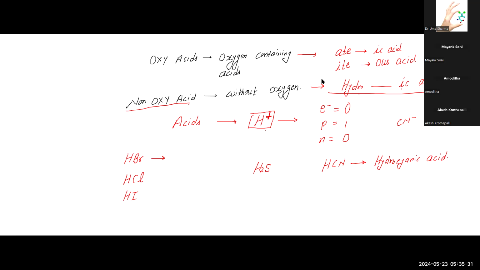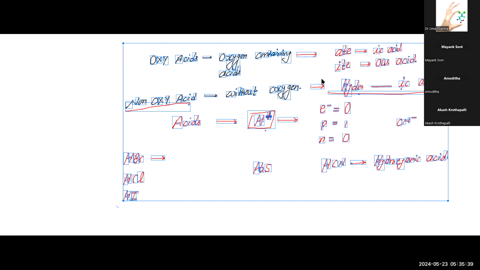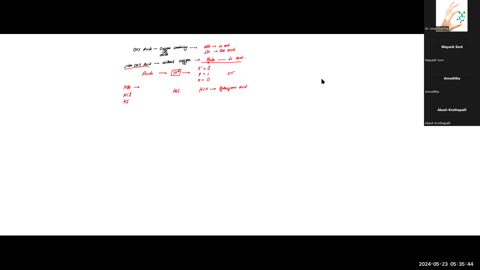Now let's see how to name oxygen containing acids. You have your polyatomic ion list in front of you. Okay, so if it is ate, it will become ic if the polyatomic ion is. Mayank, where is your polyatomic ion list?